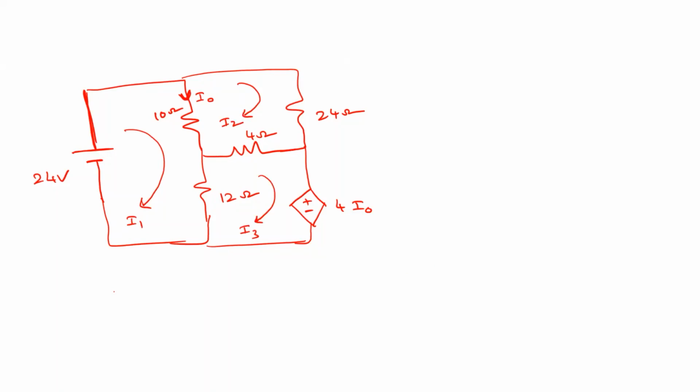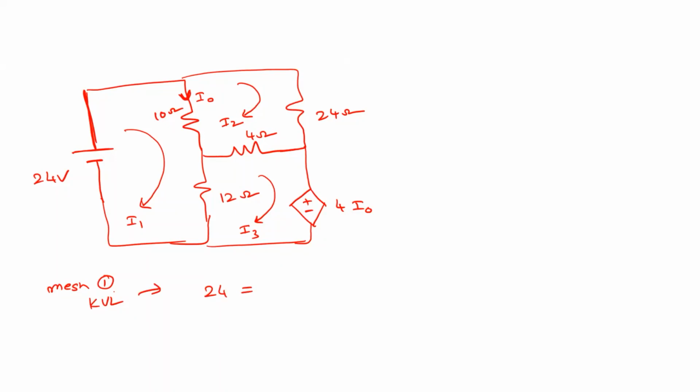So what is the next step? Applying KVL in each mesh. Mesh 1, KVL. So tell me the equation. 24 equals 10 into I1. Forget about I naught, we'll come to that. Now only I1, I2, and I3.